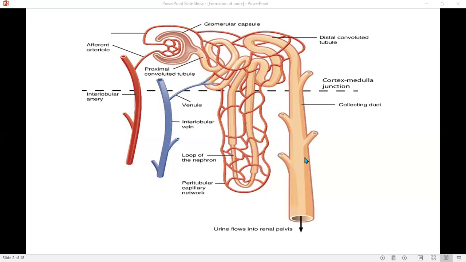Now, how do these processes occur? So when we talk about filtration, we are talking to the fact that since there is no direct connection between the glomerulus capsule we are seeing here, there is no direct connection. So they just diffuse. So that is more like filtration. They get filtered, then they go into the nephron tube. Okay.